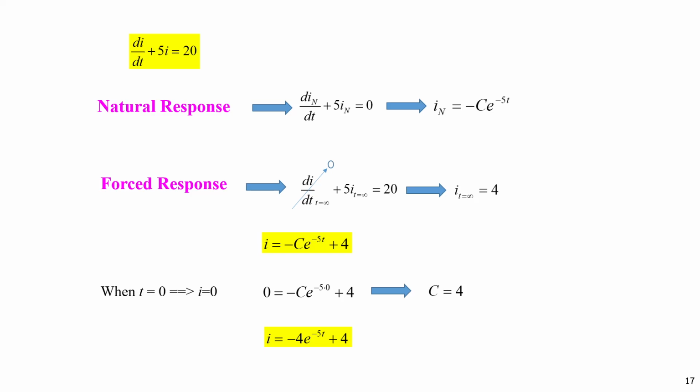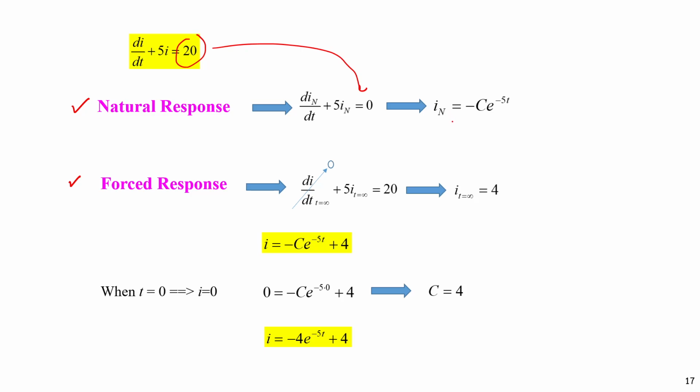Another way to solve this type of circuit is to separate this equation into natural response and forced response, right? For natural response, we set this side to 0, right? With this side 0, we can just solve for I. I natural response is minus C e power minus 5t here, right?